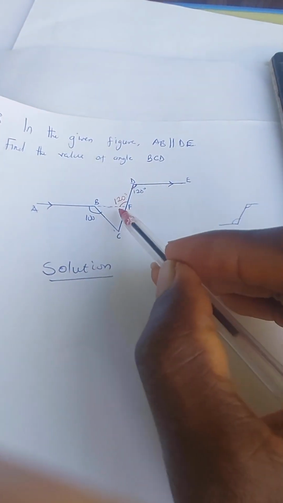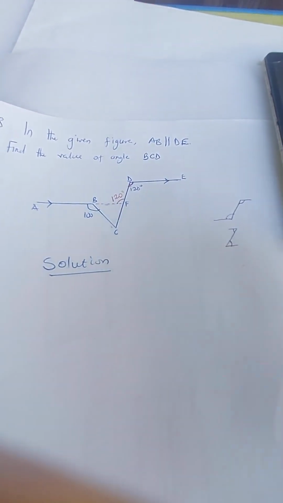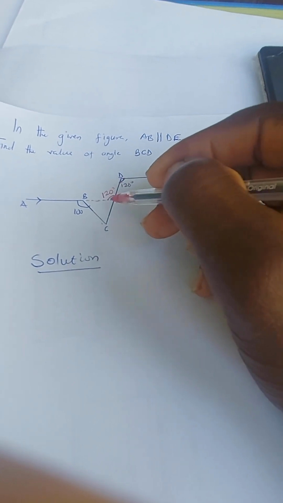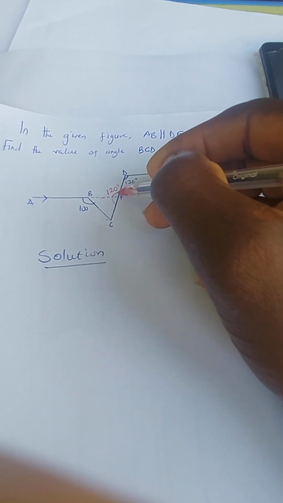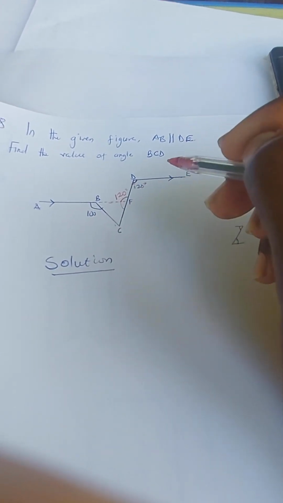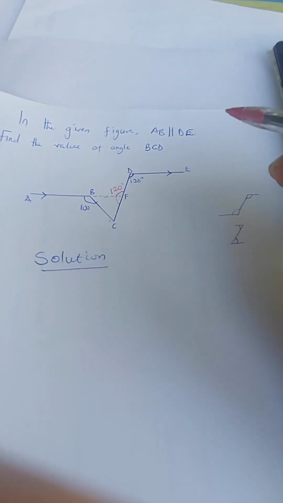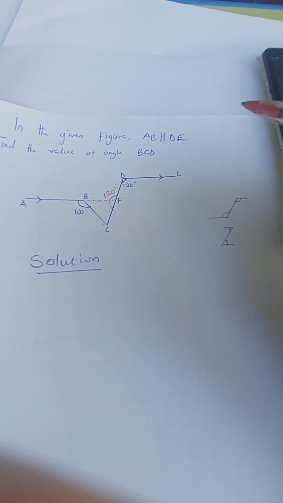To find the value of the angle at F, we're going to extend our arc here to be formed on this straight line. And we know that angles formed on a straight line sum up to 180 degrees.